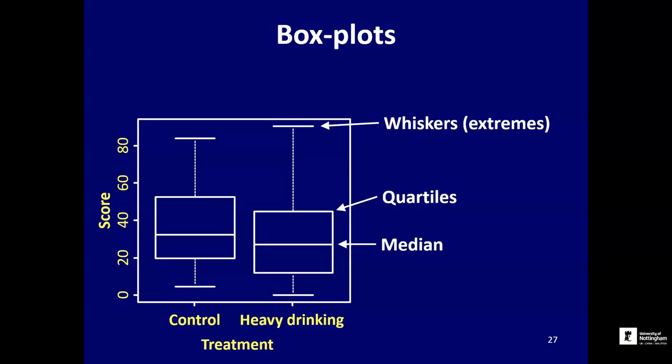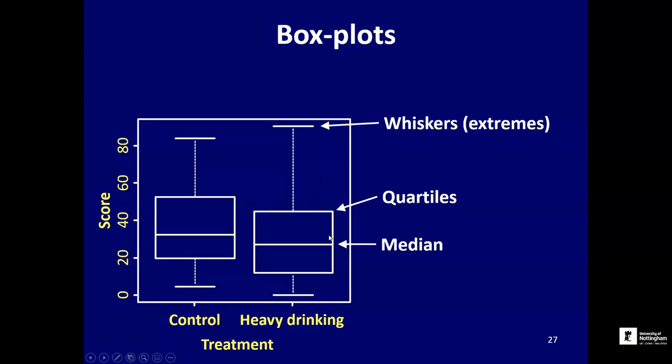which, if you remember, is the middle value of a data set when they're ranked, and something called the quartiles, which basically are the points which divide the data set up into 4 quarters. So the median is effectively a quartile. It divides the data into 2, and then each of the 2 halves is divided again by another quartile.